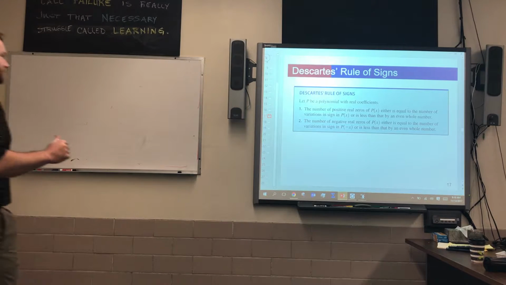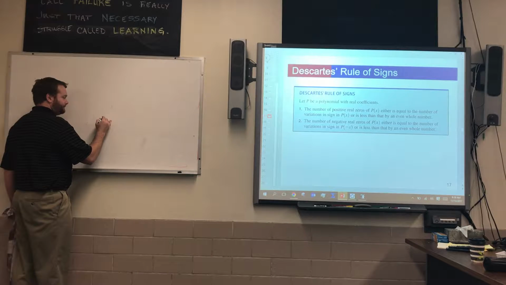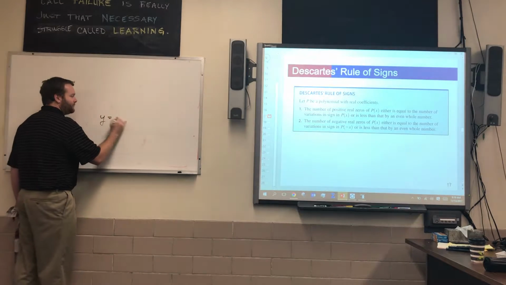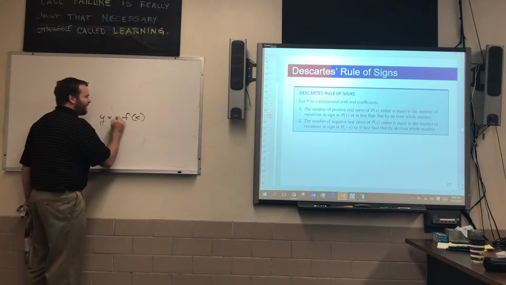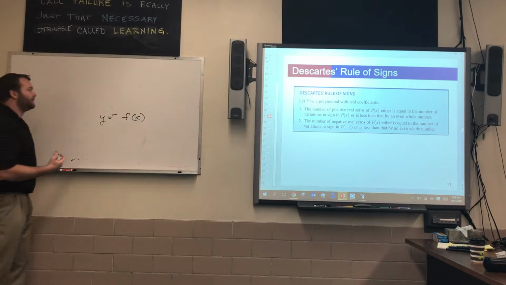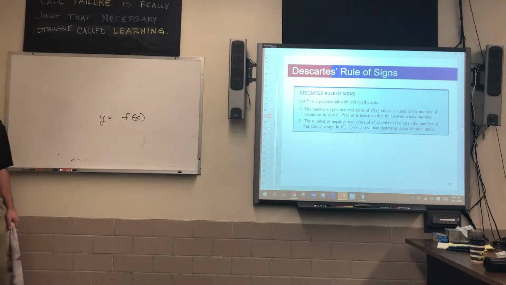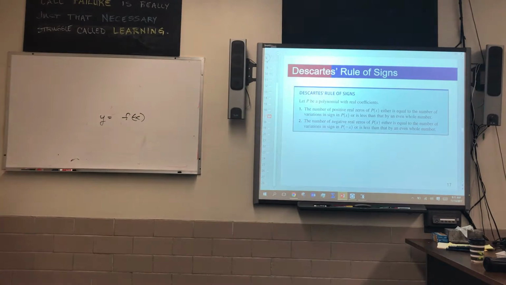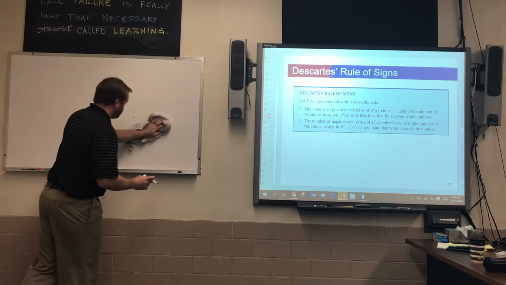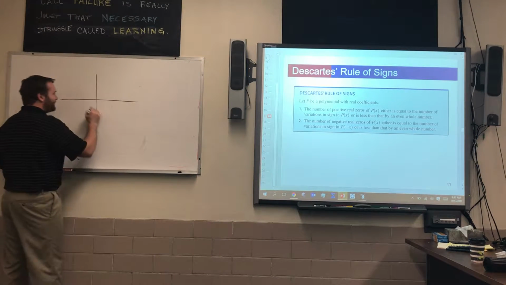If I take y equals f of x and multiply by a negative out front, that flips it over the x-axis. What does the negative inside do? It flips over the y-axis.